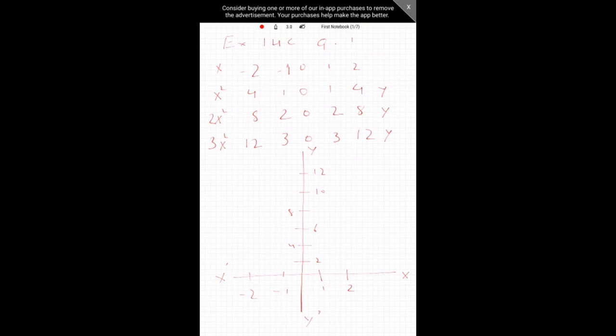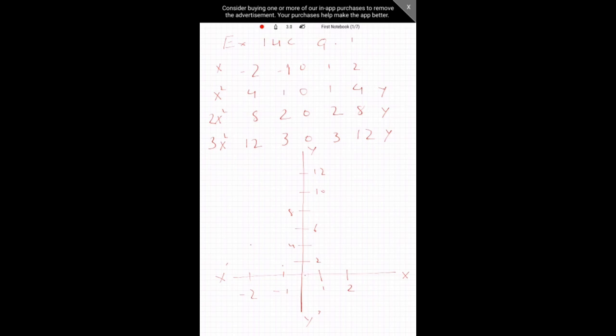Now first minus 2 and 4. This point will be here. And minus 1 and 1. 1 will be here in between, so this is 1. After that 0, 0.